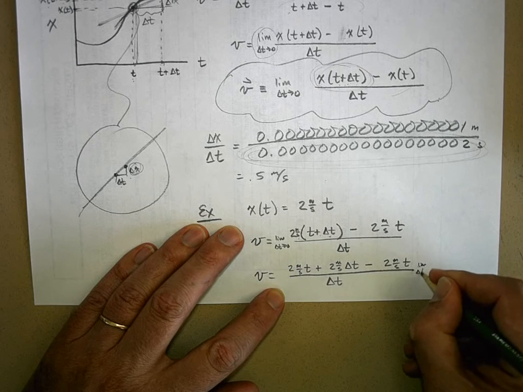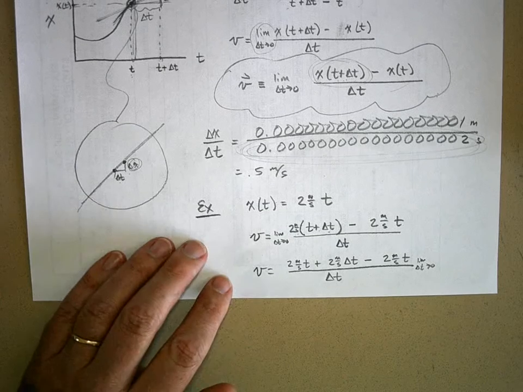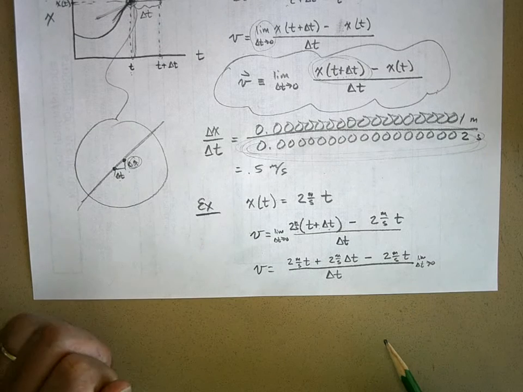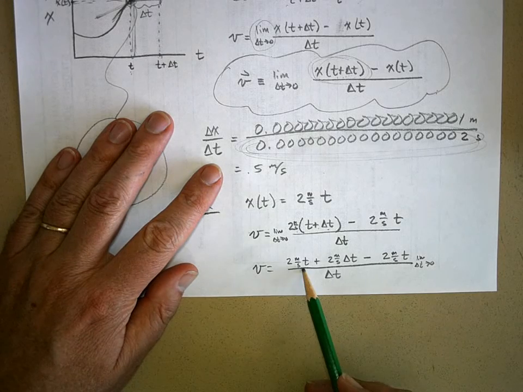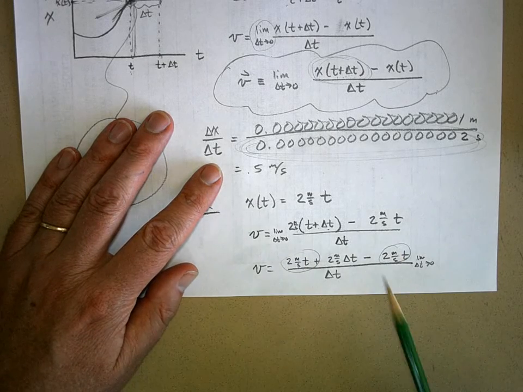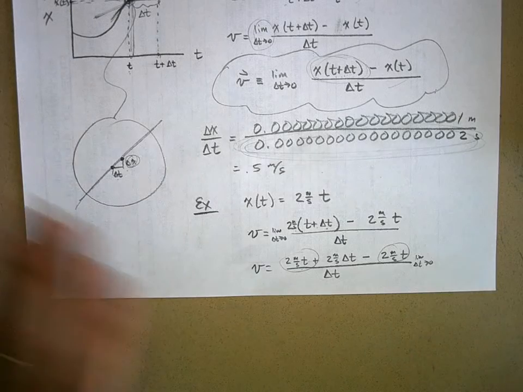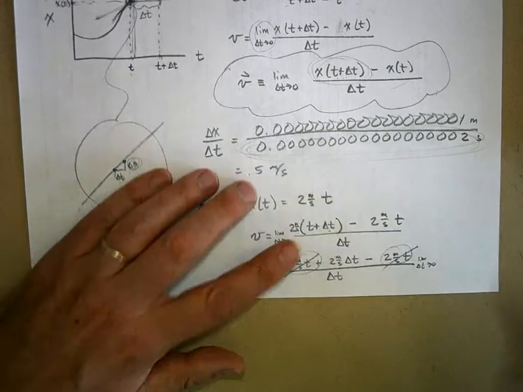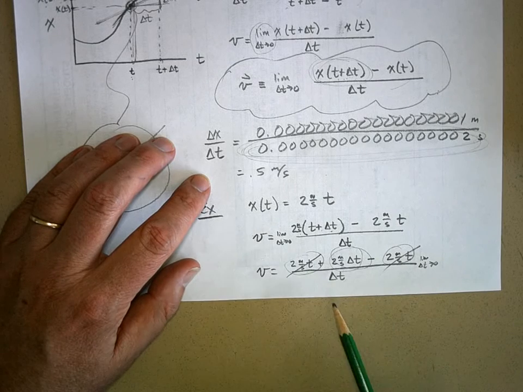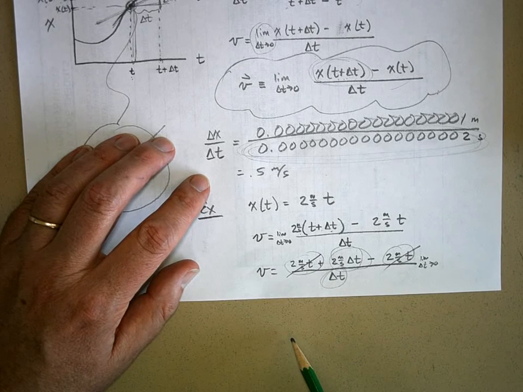I always forget to do that. All right. Now, this is sweet, because what goes away on the top? Yeah, this and this go away. That will always happen. Boom. And then the only term left on the top is this guy. And then I divide by delta t. What happens? Cancels out. Boom.